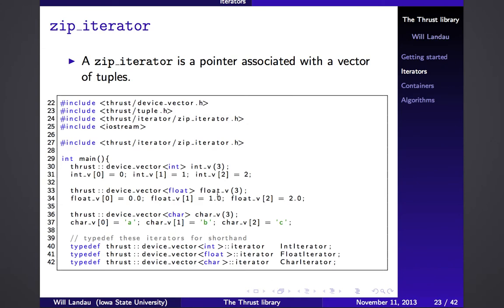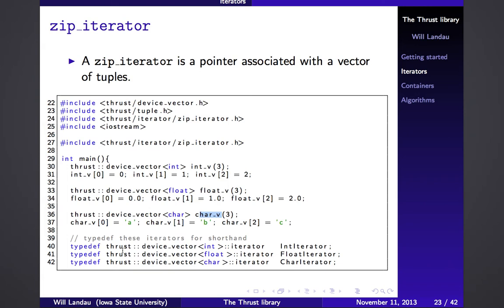So let's say I want a zip iterator, and each tuple is going to have an int, a float, and a char. I'm not going to go over this syntax, but you can check it out online.